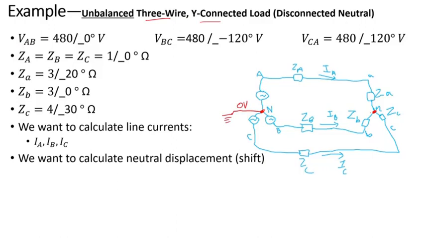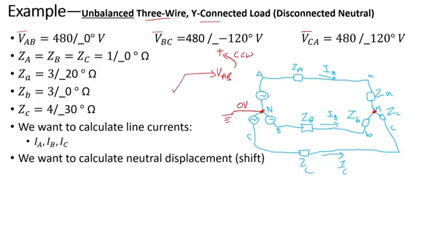So we have the source voltage VAB is 480 volts with an angle of 0 degrees, and these are complex or phasor quantities. VBC is 480 with an angle of negative 120 degrees. VCA is 480 with an angle of 120. If you draw the phasors with VAB as a reference, we're assuming counterclockwise as our positive direction.